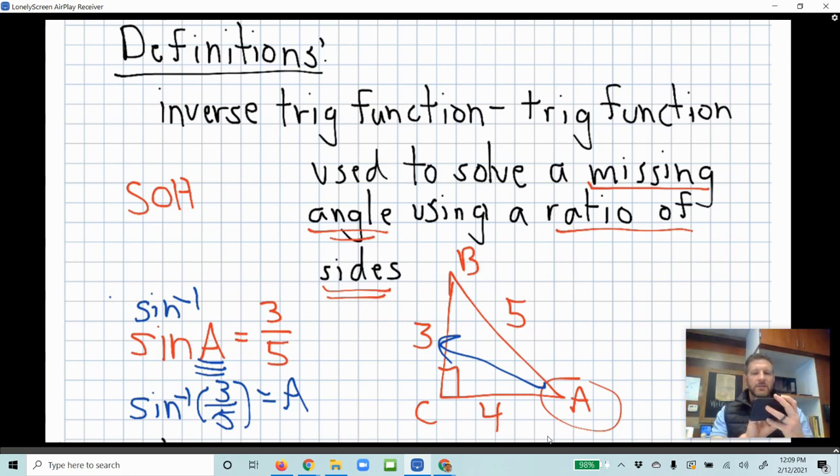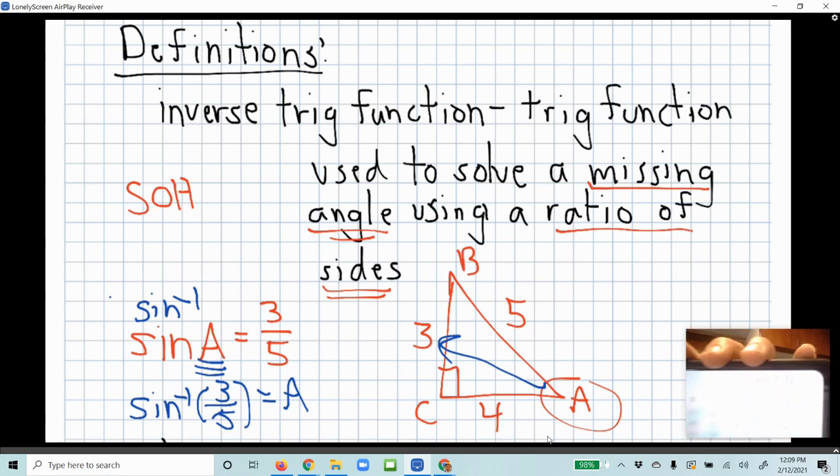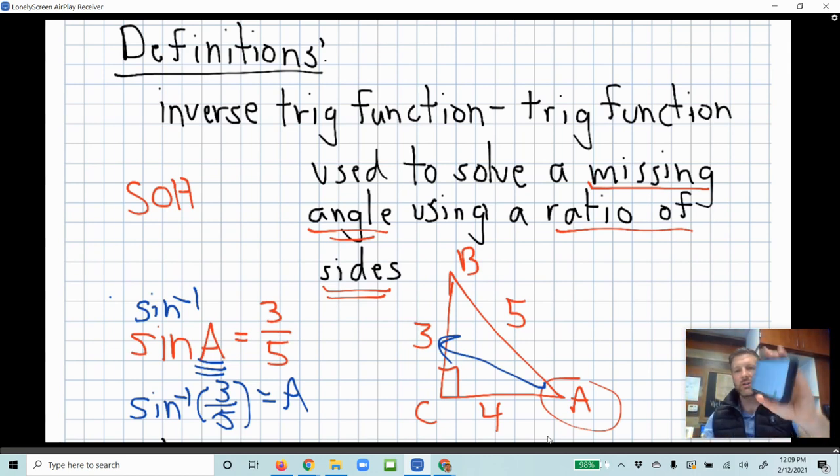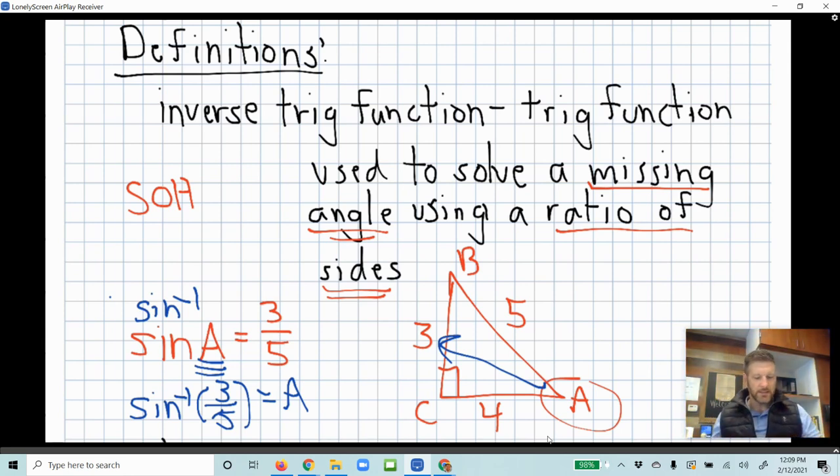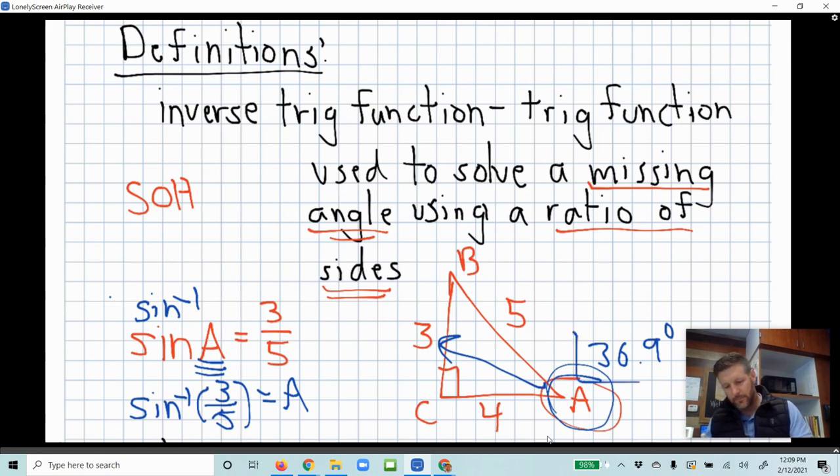So if I hit inverse sine and I do 3 divided by 5, because that was my ratio, notice it puts it up as this thing called a sine. But if I hit equals, you can see I actually get a degree. It's with a decimal, but I'll round it, 36.9 degrees. That means that this angle right here, angle A, is 36.9 degrees.